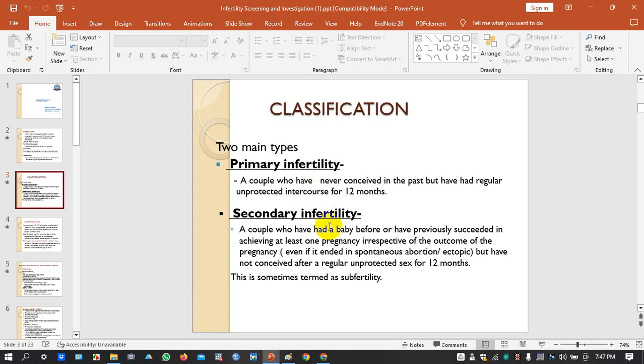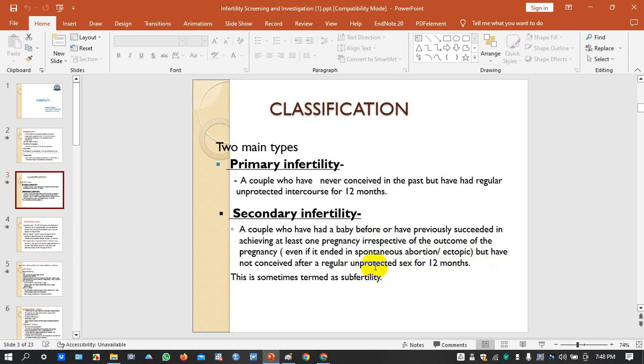For secondary infertility, it borders on a couple who have had a baby before, so you are born one, born two, or have previously succeeded in achieving at least one pregnancy, irrespective of the outcome of the pregnancy, whether the pregnancy ended up in stillbirth, abortion, or ectopic gestation. Whatever the pregnancy is, you have been pregnant before, and that is what is important. And that classifies you as a secondary infertile couple.